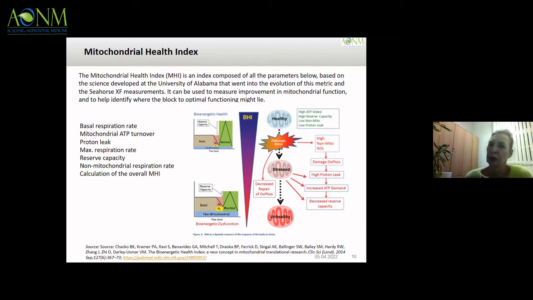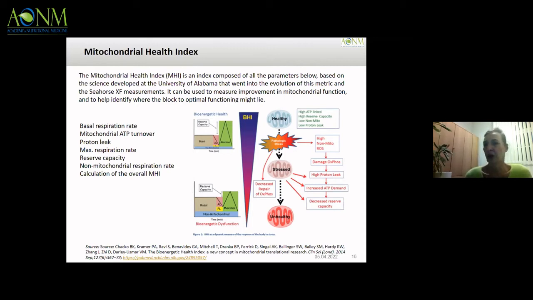But there might be pathological stresses, infection, pollution, chemicals, whatever, and then you get stressed mitochondria. The stressed mitochondria have perhaps a damaged oxidative phosphorylation, so they can't produce much ATP.